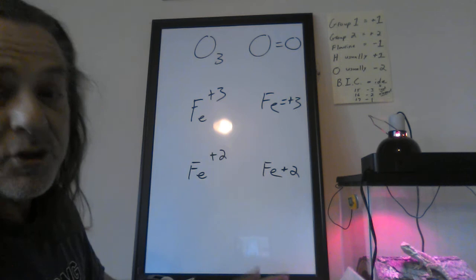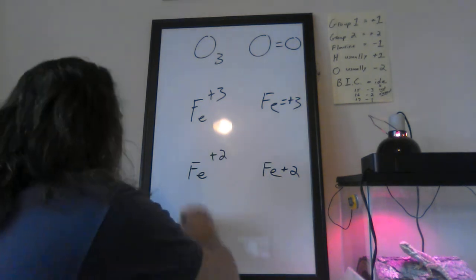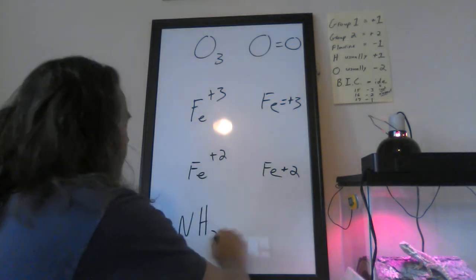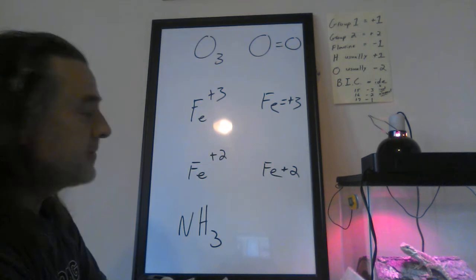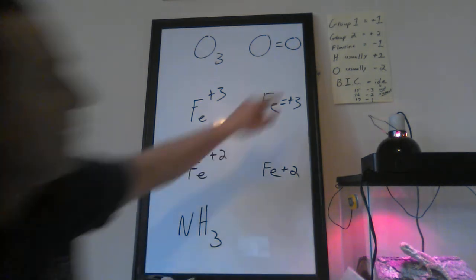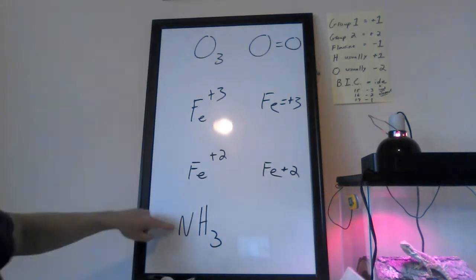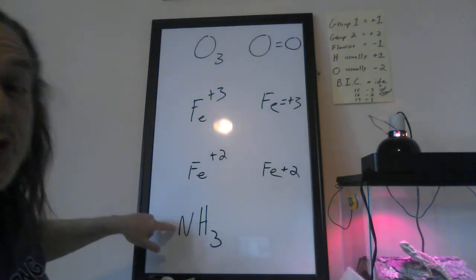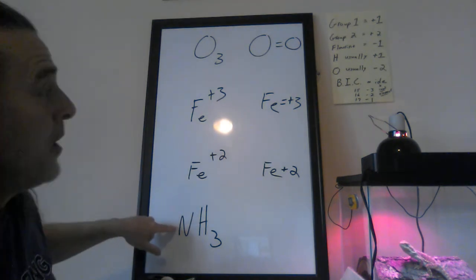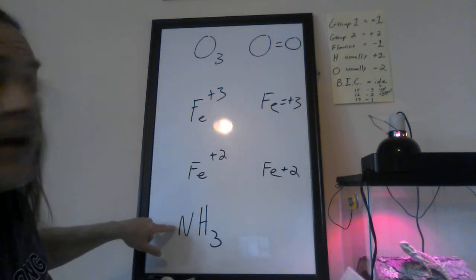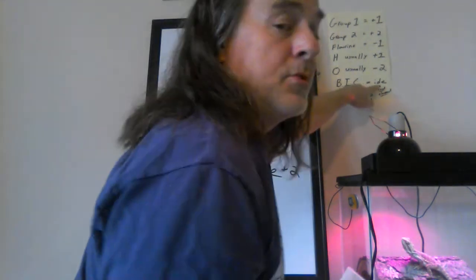I think NH3 I did yesterday. NH3. Now, going back to my rules, binary ionic compound. This is not a binary ionic compound. You do not have a rule for N. We would only have a rule for N as a binary ionic compound if N were the second one and we could use the -ide.